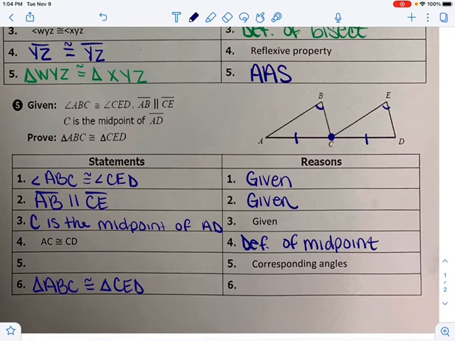Okay, in number 5, we don't have a statement, but we have a reason. It says corresponding angles. And what they're using is given number 2 because they're saying AB is parallel to CE. And then we have a line going through them. So, real fast without the picture behind it, this is the picture we're getting, right? And we have this on page 35 in our notebook, the different types of angles when we have these.